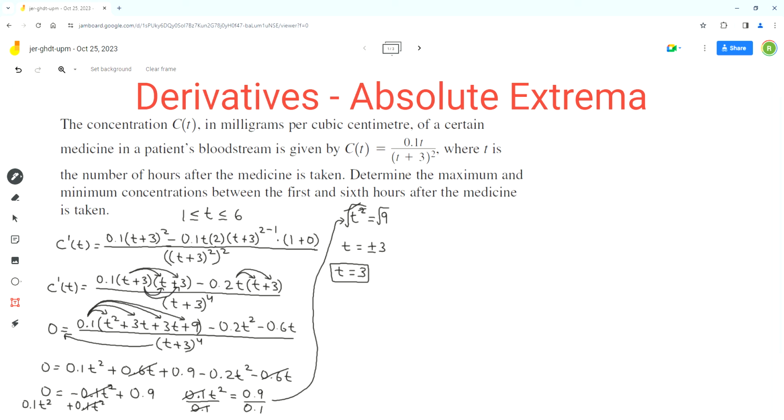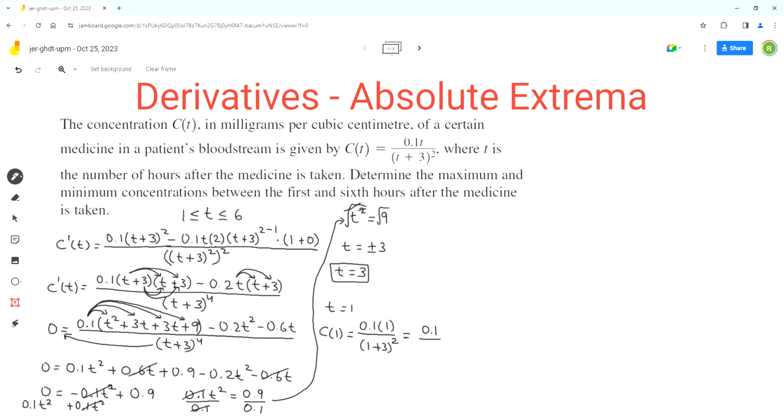So we'll start with t equals 1. So we have to find the concentration at t equals 1. So C at 1 is equal to, we'll sub in t as 1 in the given function for concentration. So we get 0.1 over 1 plus 3 squared.